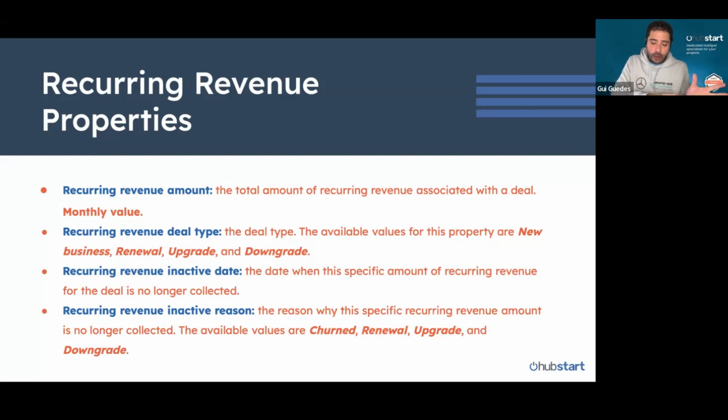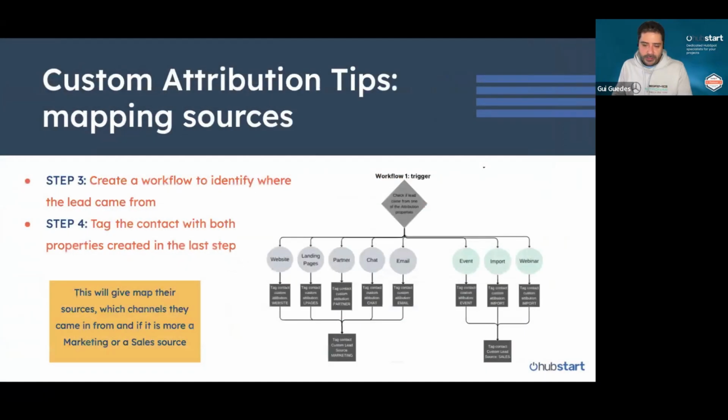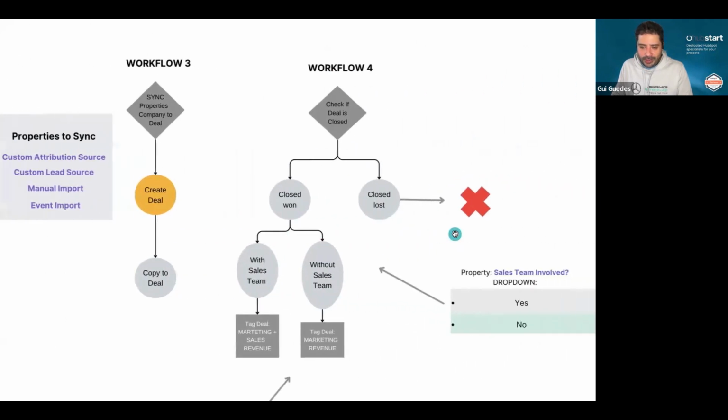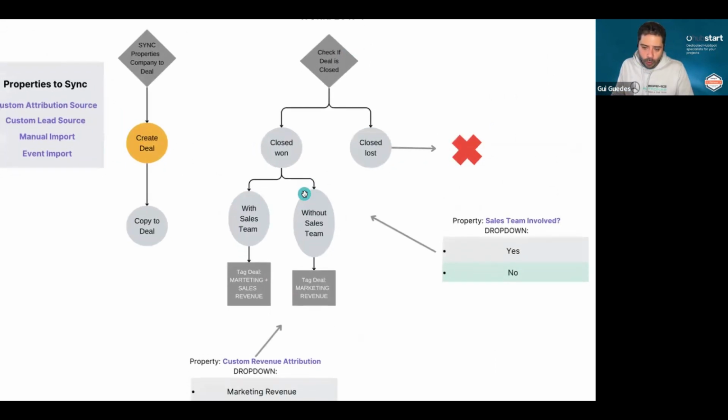Now, if you're on the pro tier, you will not have these properties by default in your account. It's a different way of doing this because, let me go here, you will be able to do that in this last part of this custom build. Why?